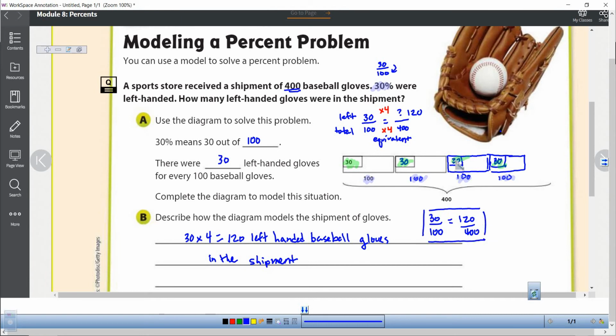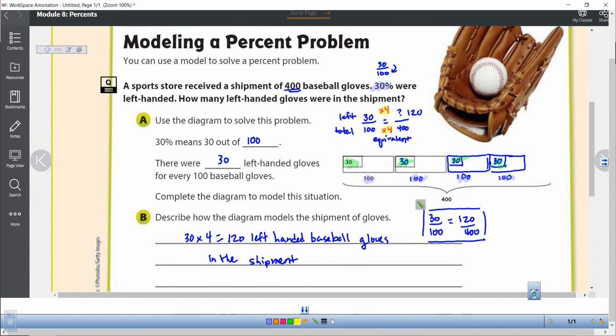I'm going to be calling this number right here the equivalency factor. That's what we're going to have to multiply by to get from the smaller values in the one ratio to the larger in the other. Many times we're going to be going from the quantity to the percent, but sometimes we're going to be going from the percent to the quantity.